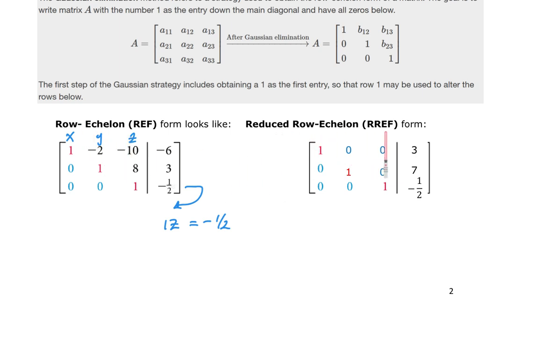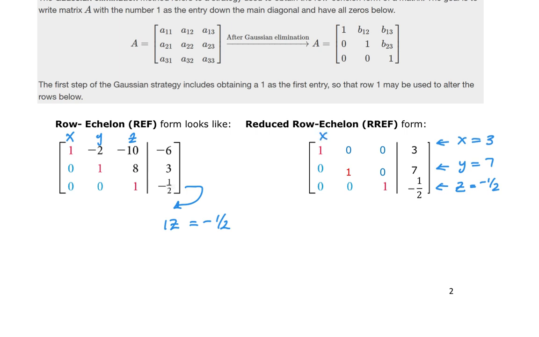Reduced row echelon form, RREF, is the best if you have a calculator to do it, because if you have a calculator to do the RREF form, you immediately know what all your solutions are. This tells me that z is equal to negative 1/2, and this one tells me y is equal to 7, and this one tells me that x is equal to 3.